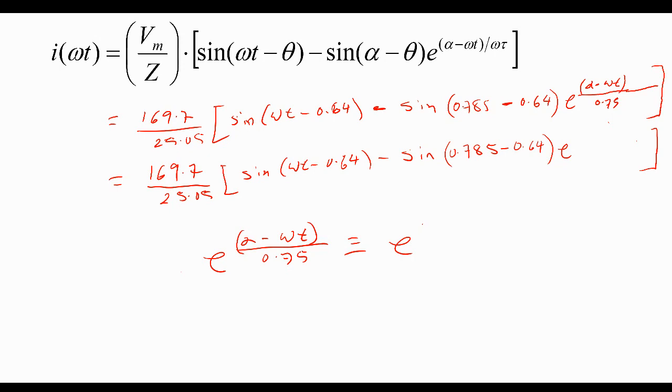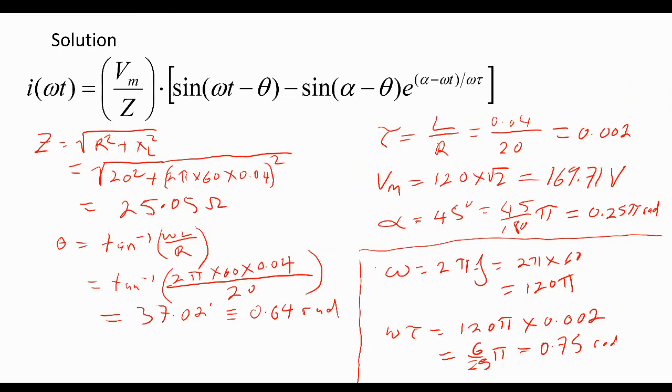So this comes to alpha, we know what alpha is, over 0.75. Right, so that's one part. E to the minus omega t over 0.75. So just split this up right here, like that. So your alpha, you just worked out your alpha just now. Remember what you got, alpha 0.25 radian. Multiply that by pi, what do you get?